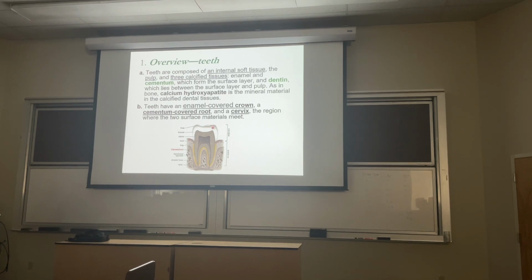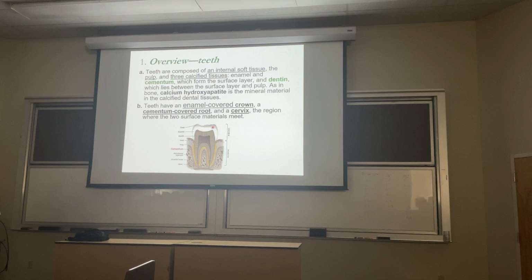You can't regenerate the enamel. So if you get a hole, a dental carie, a cavity in your enamel, you have to drill it out and fill it up with some synthetic material, which is how dentists make a lot of their living. Helps fix the teeth.